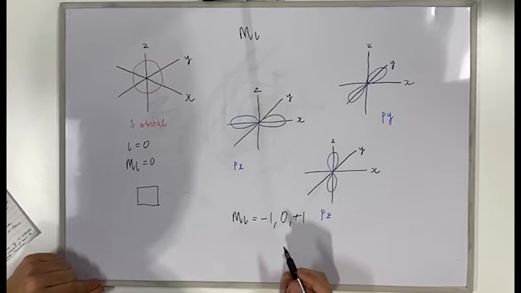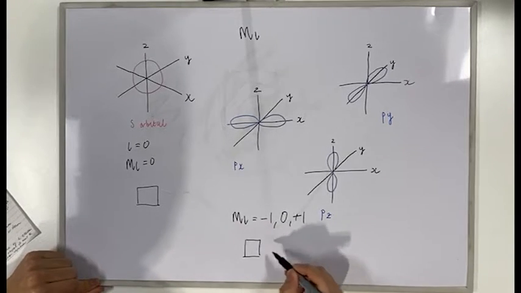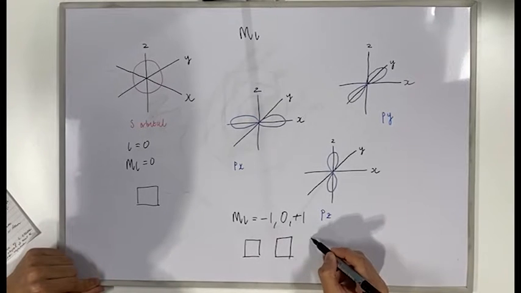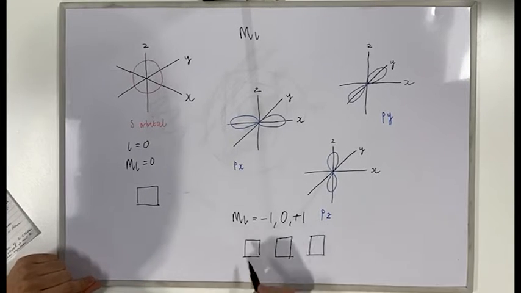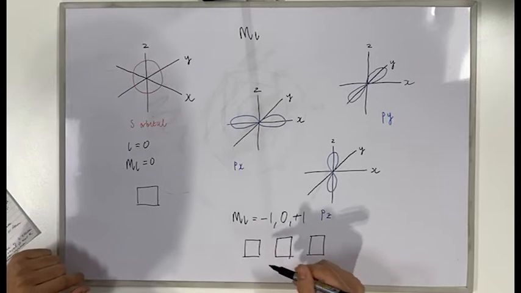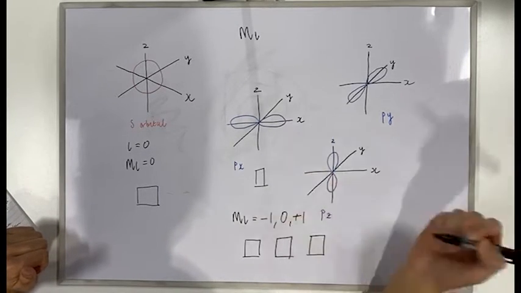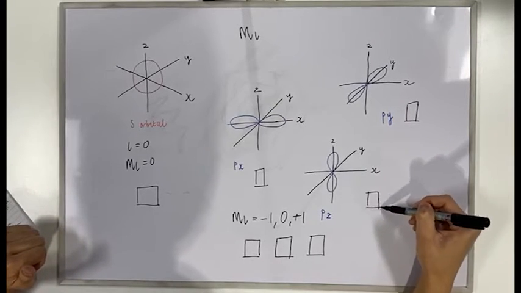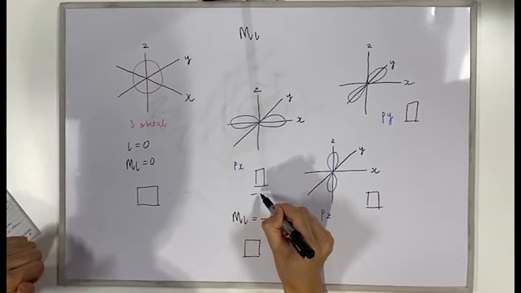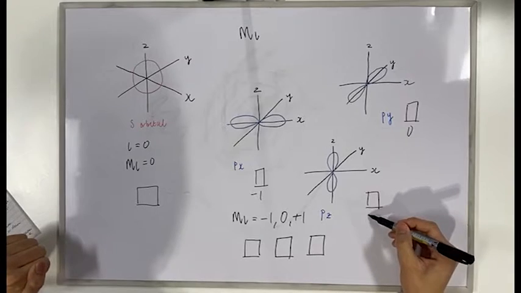The reason for this is because there are 3 p orbitals per energy level. So an electron can be found in any one of these. The specific electron that you're looking for can be found within any of these. So each of these p orbitals represents 1 energy level. And each of these corresponds to -1, 0, or +1.